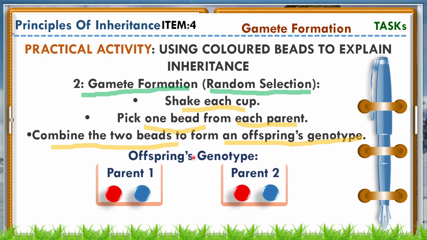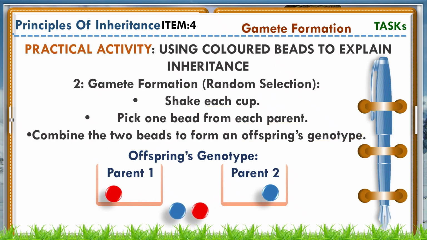So for the offspring genotypes, we first start with the parents. We have parent 1 here with the beads representing its genotype, and parent 2 with the beads representing its genotype.